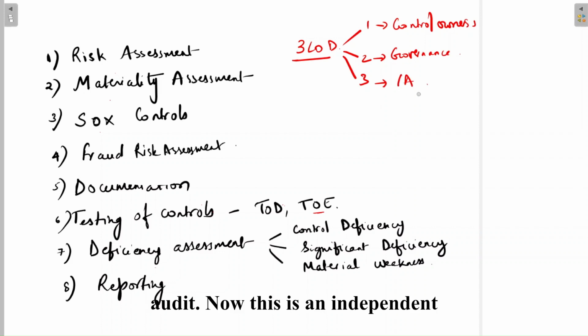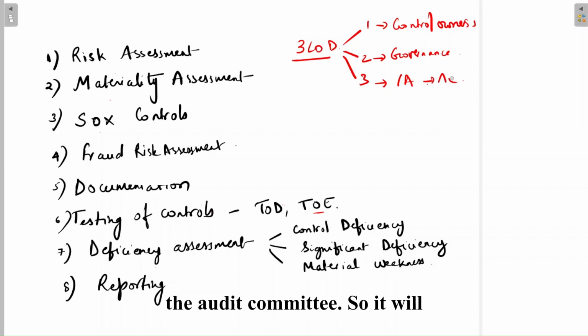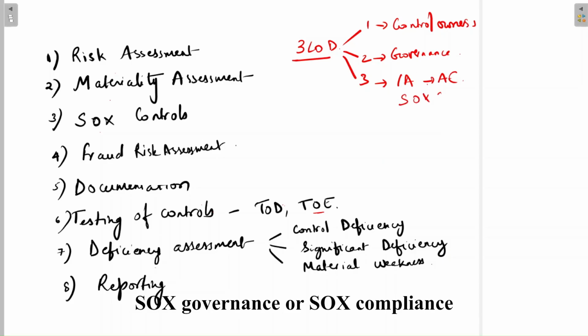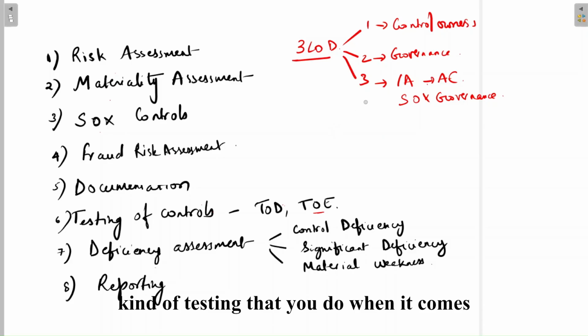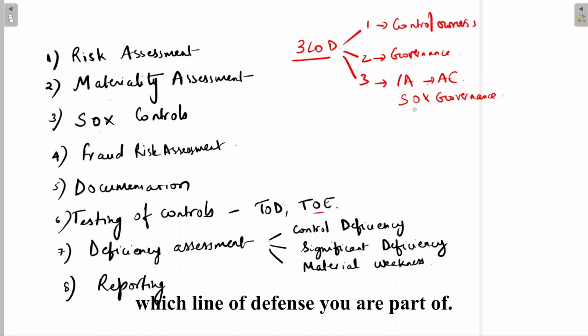Now this is an independent function which reports independently to the audit committee. So it will evaluate the effectiveness of the overall SOX governance or SOX compliance program that has been defined in the organization. Okay, so the kind of testing that you do when it comes to SOX depends on the mandate, which line of defense you are part of.